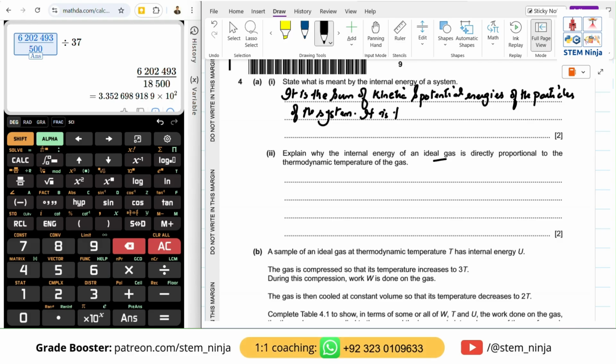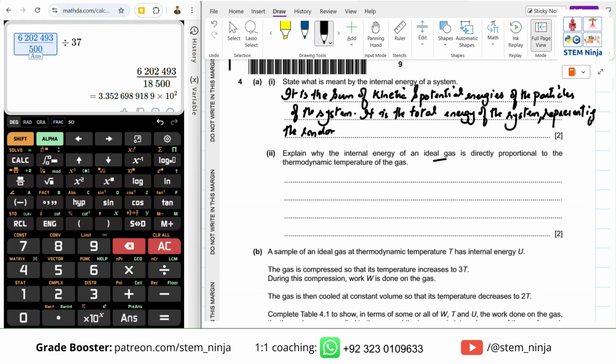It is the total energy of the system representing the random motion of particles and their interactions with each other.